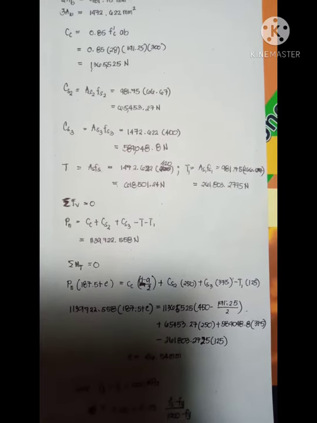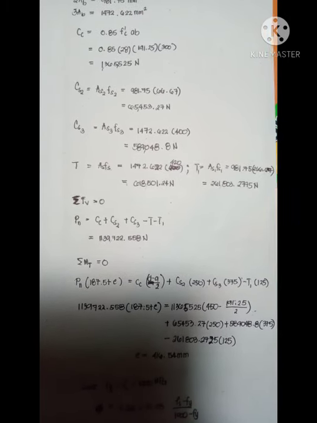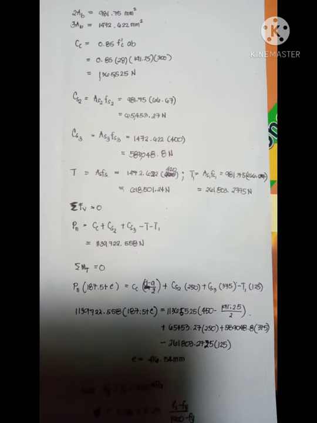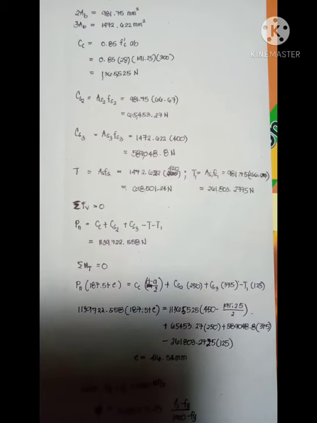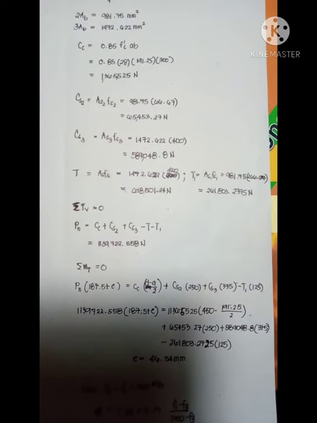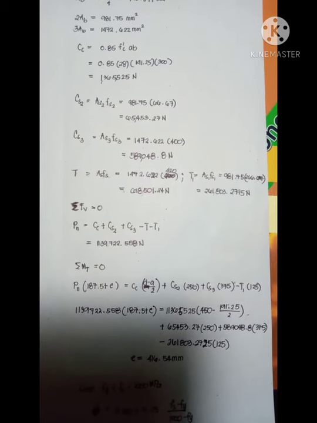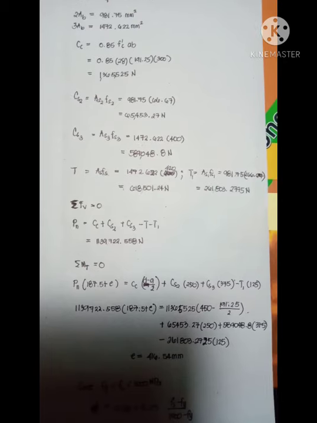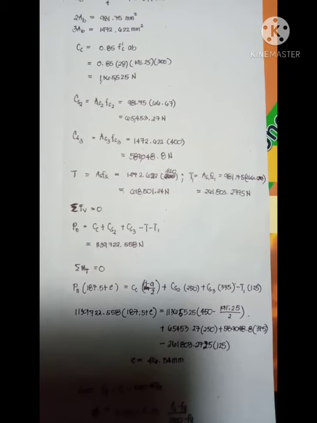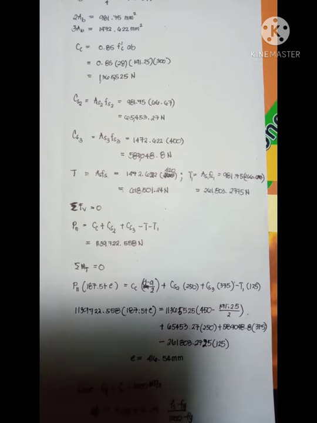Next is to find the components of our compression steel and compression concrete. We have here Cc equals 0.85 f'c ab, and substituting the values, we obtain the value of Cc as 1,365,525 Newton. For the Cs2, we have As2 times Fs2, which is 981.75 times 66.67.